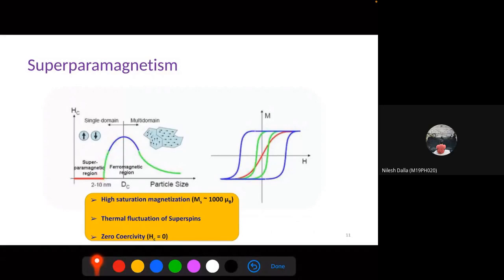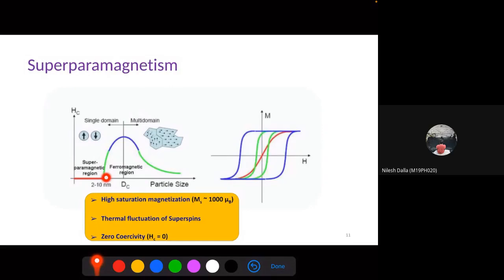For very tiny particles the coercivity actually becomes zero, and that is the region where the magnetic nanoparticle goes into a superparamagnetic region.